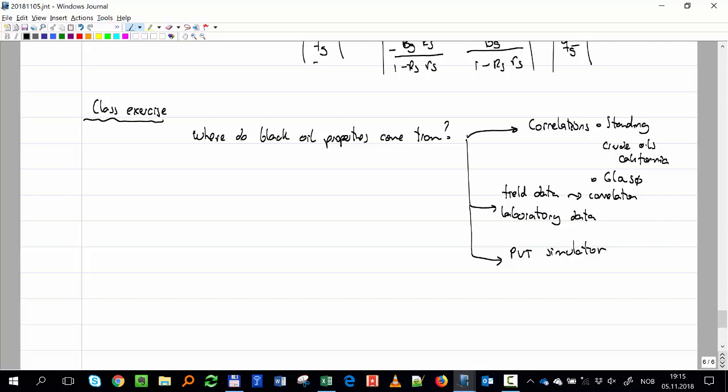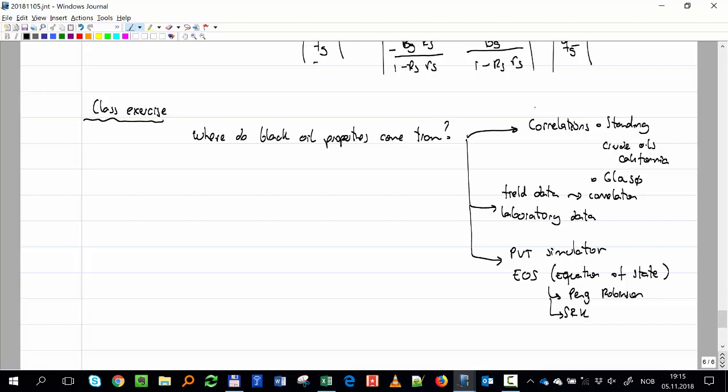You take the composition, you have an equation of state, usually here we use either Peng-Robinson or SRK, Soave-Redlich-Kwong, and artificially, using this simulator, we go through the whole process, we calculate standard volumes, and then we estimate our black oil properties.